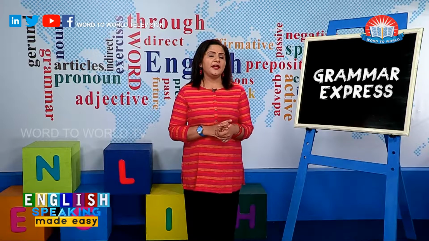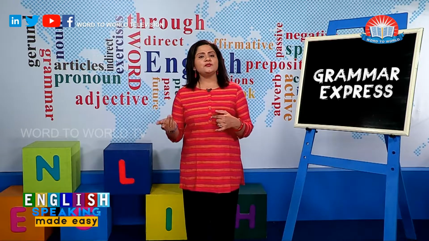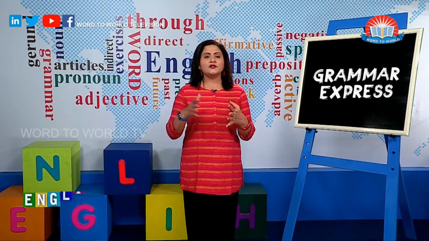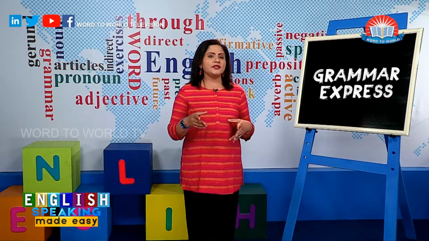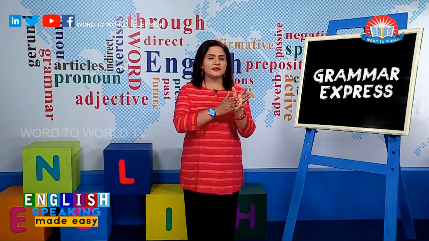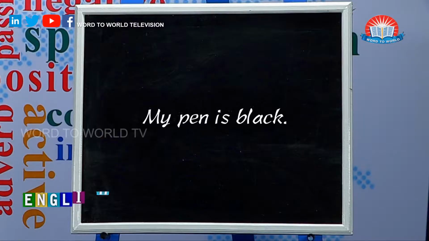For example, if the noun is singular, the verb should be singular too. If the noun is plural, then the verb should be plural. Otherwise, the sentence will not work out right. Like for example, when you are saying my pen, my is the possessive adjective, pen is the noun. You say my pen is black.